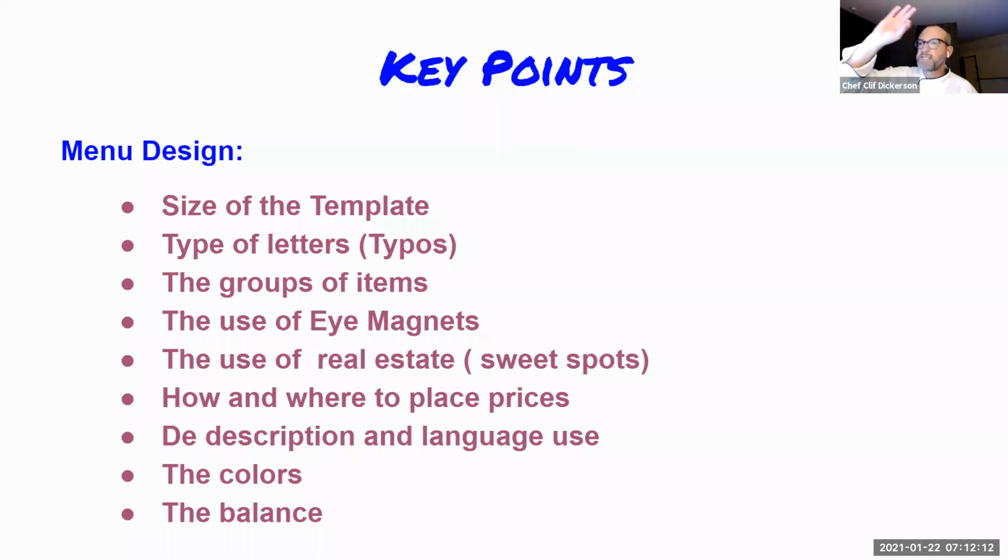Plus, you're being more strategic on where you place certain items on your menu, so where it has more of a visual, and with that sweet spot, it's kind of in the middle or on the sides, depending on what your menu is.